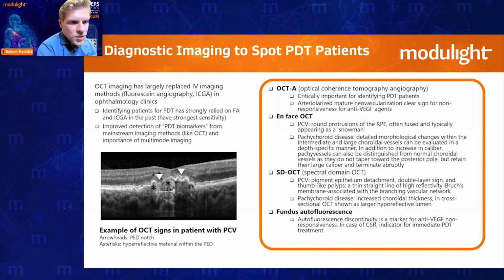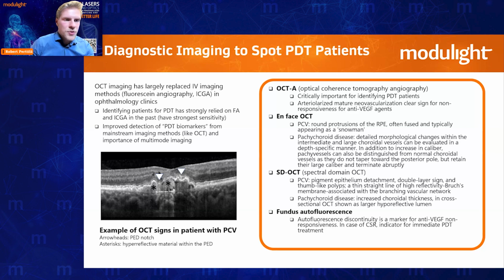So with the OCT, there are some signs, especially these peaked retinal pigment epithelium detachments, or PED, that you can see in this picture marked with arrowheads. And with asterisks, I have marked hyperreflective material within the PED.